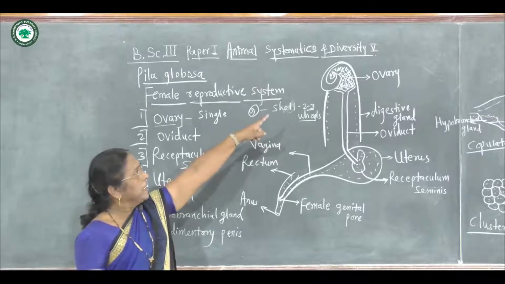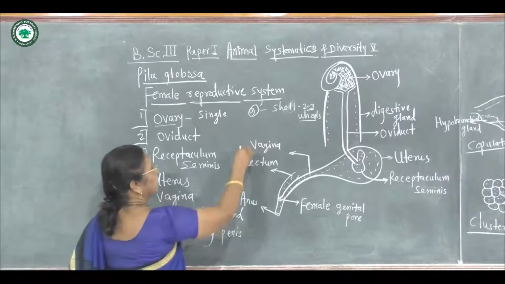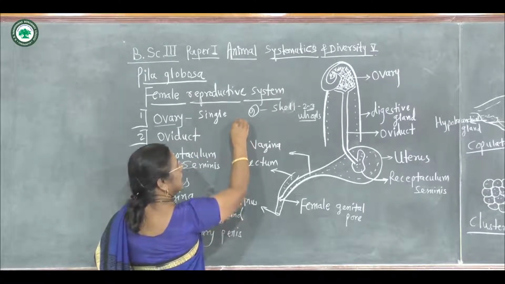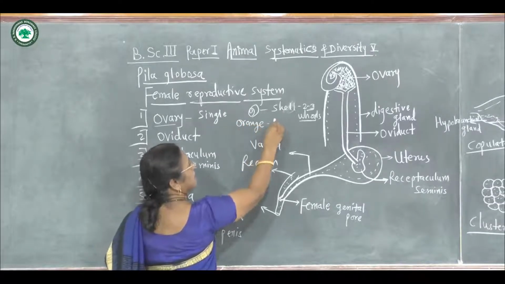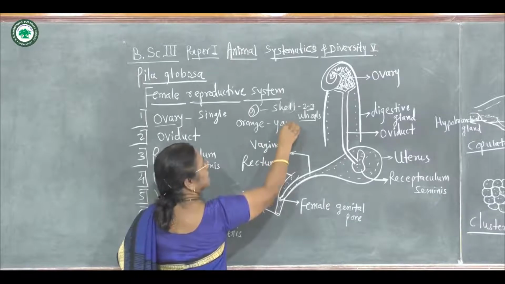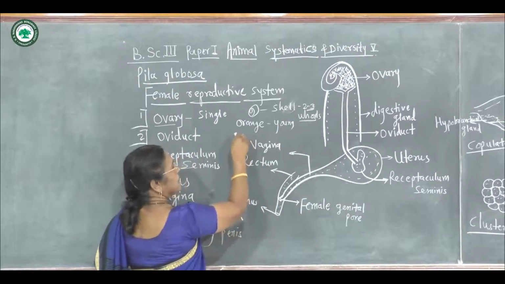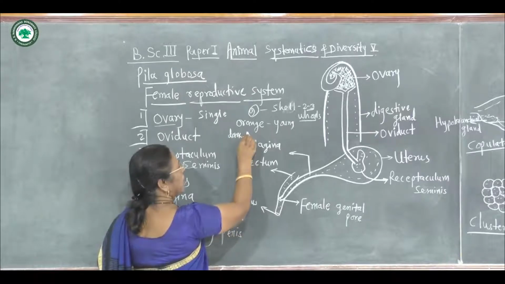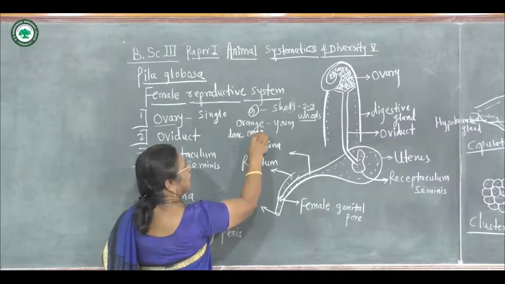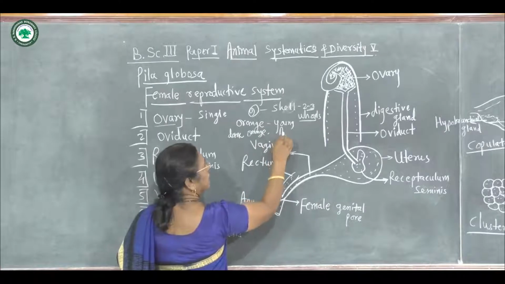This ovary has two colors. It is light orange in young individuals, while it becomes dark orange in adult individuals.